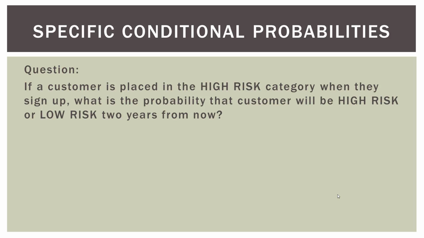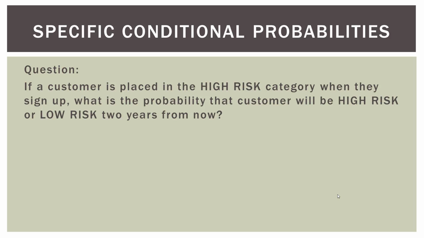So let's think about this in real-world terms. So the person walks into our insurance company and they talk to the receptionist that takes their information, and they had a ticket in the past 12 months, so they initially go into the high-risk category.